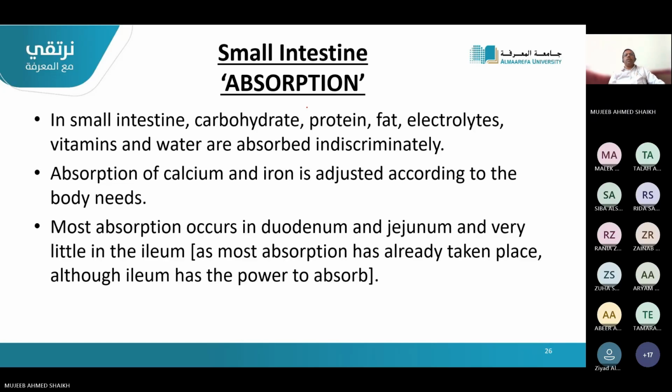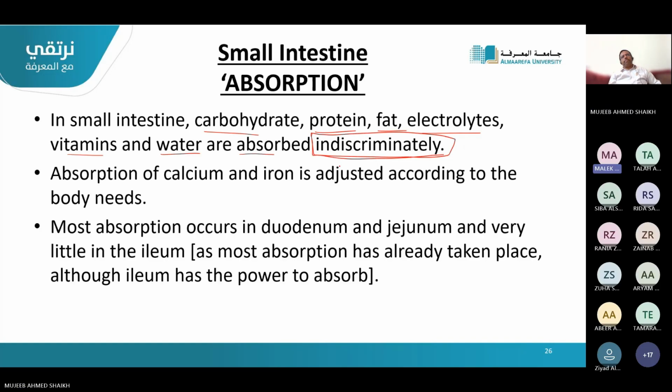Okay. What is absorbed in the small intestine? We have seen motility, we have seen secretion, we have seen digestion. Now, what is absorbed in the small intestine? In the small intestine, carbohydrate, protein, fat, electrolytes, vitamins, and water are absorbed indiscriminately. What is the meaning of indiscriminately?